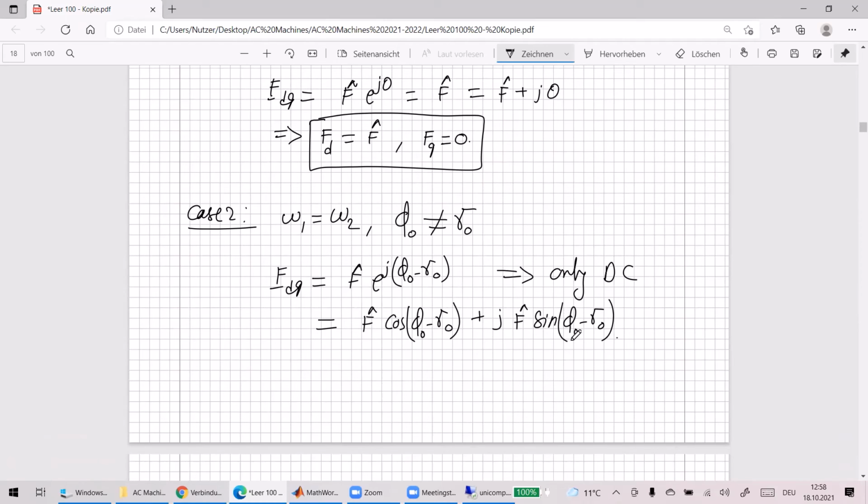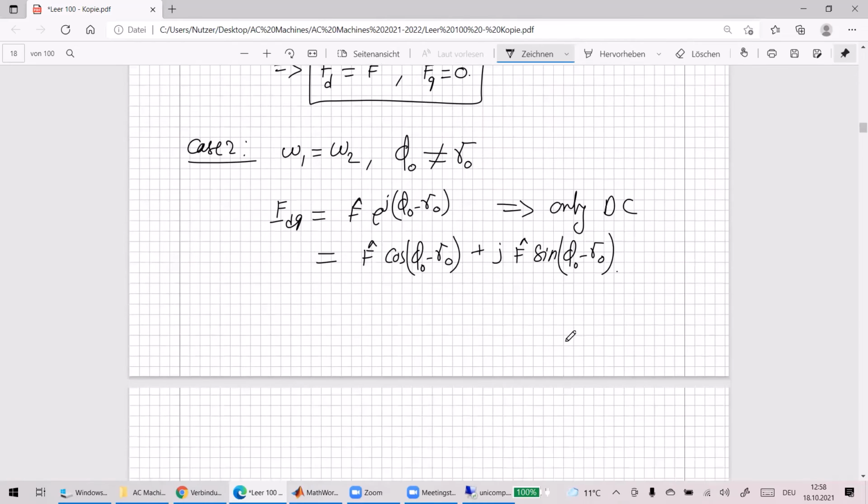That Q value is decided by this phase difference, the phase difference between your park transformation angle and your three-phase positive sequence angle. So now you have Fd equal to F cos of phi naught minus this thing, and Fq is F sine of phi naught minus this thing.